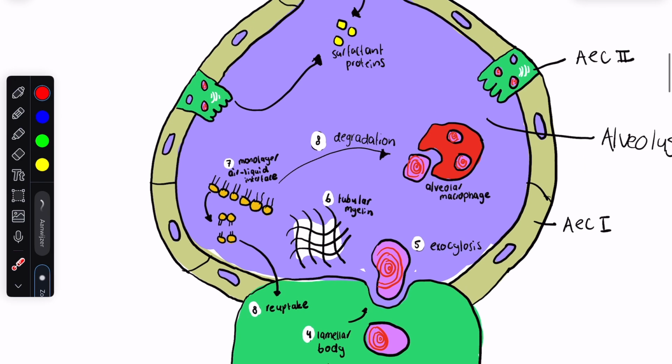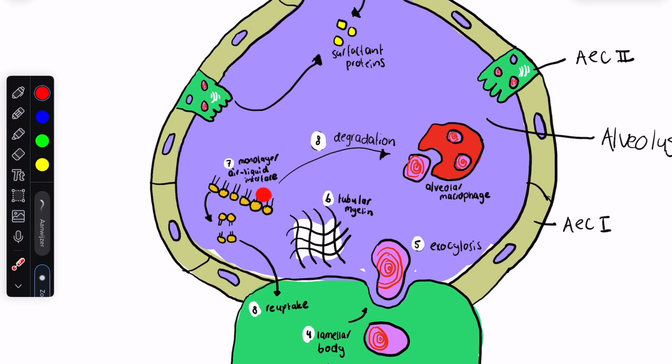Then, of course, you also have the surfactant proteins, and like mentioned earlier, they play a very important role either in stabilizing these phospholipids, or in the immune functions. After reducing the surface tension, the phospholipids of course need to be degraded or reused.